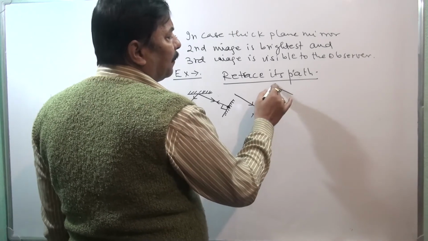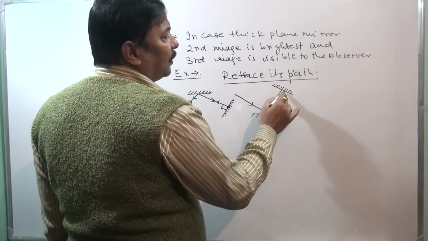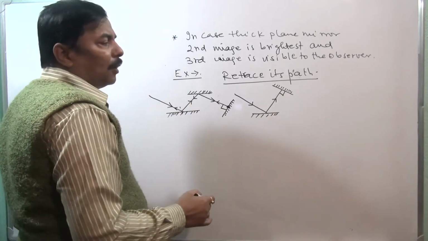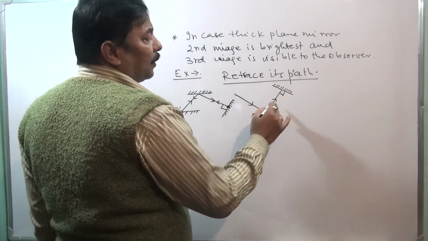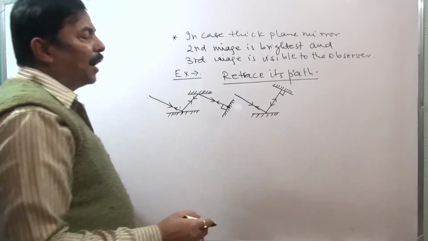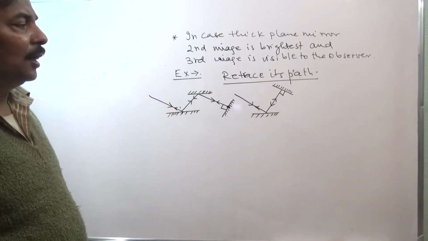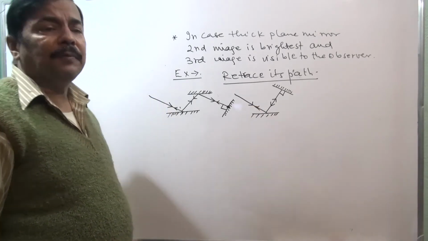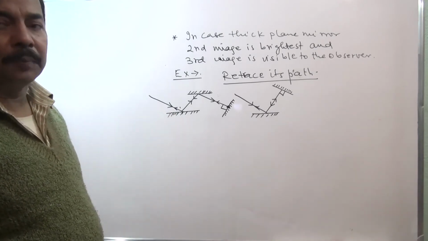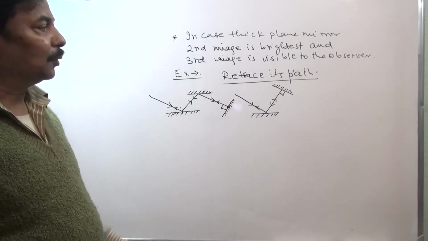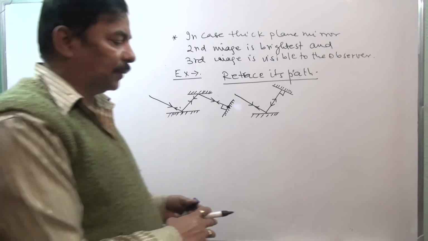If we keep a mirror so that the ray of light falls normally, then again it will retrace its path. So this is the meaning of retrace. Now questions can be framed on this concept also. Let us try to understand the questions framed on this concept.